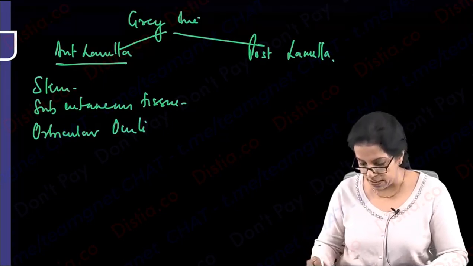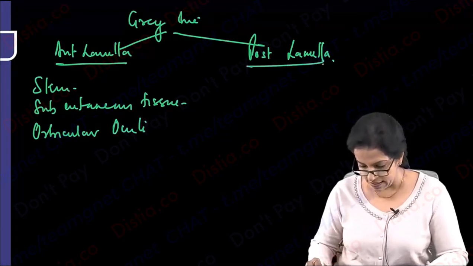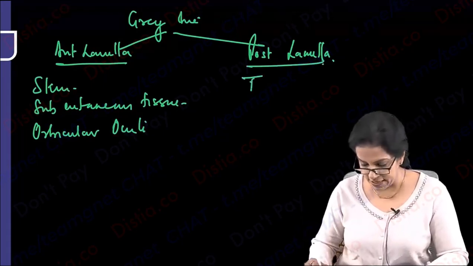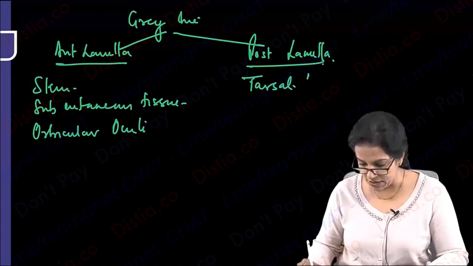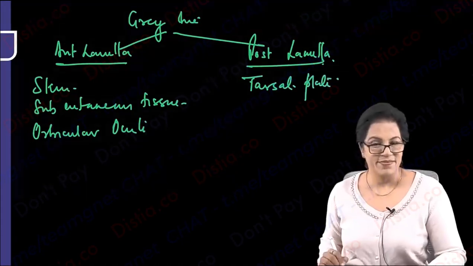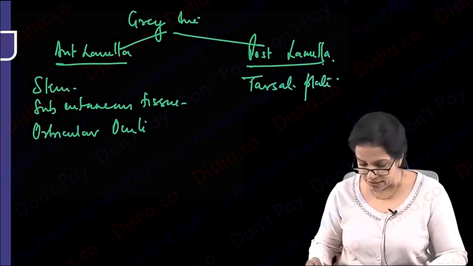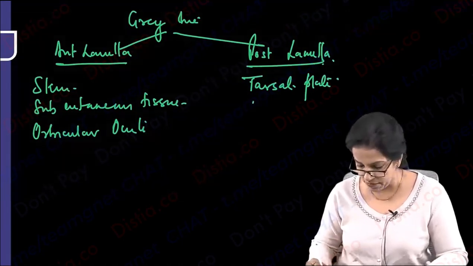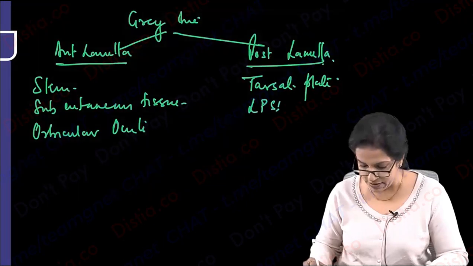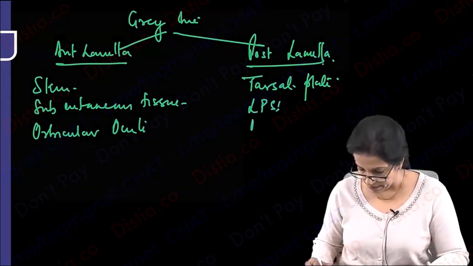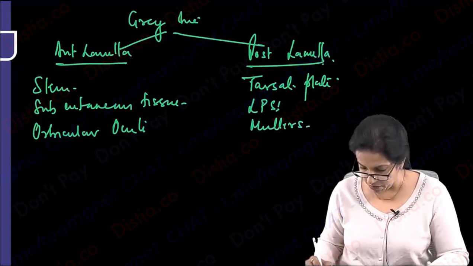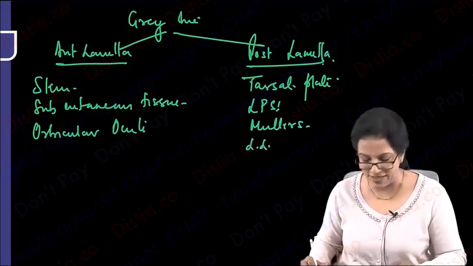And posterior lamella, now think further, first thing is the tarsal plate. And what are the muscles attached to the tarsal plate? What are the retractors? We will first mention here LPS and Muller's muscle, or it could be lower lid retractors if I talk about the lower lid.